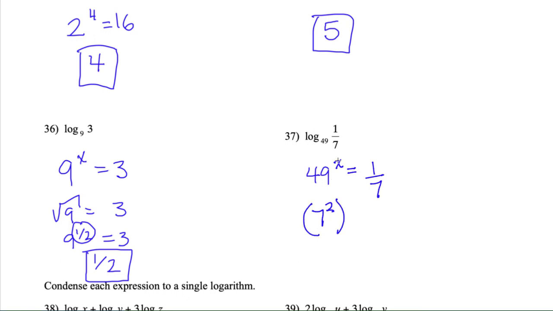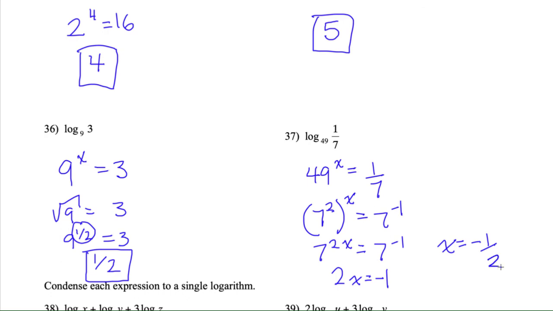This is 49. That needs to be taken to the power of x. That needs to be equal to 7 to the negative 1. The negative 1 is 1 over 7. From there, that's going to be 7 to the 2x is equal to 7 to the negative 1. Set 2x equal to negative 1, and x is equal to negative 1/2. There we go.